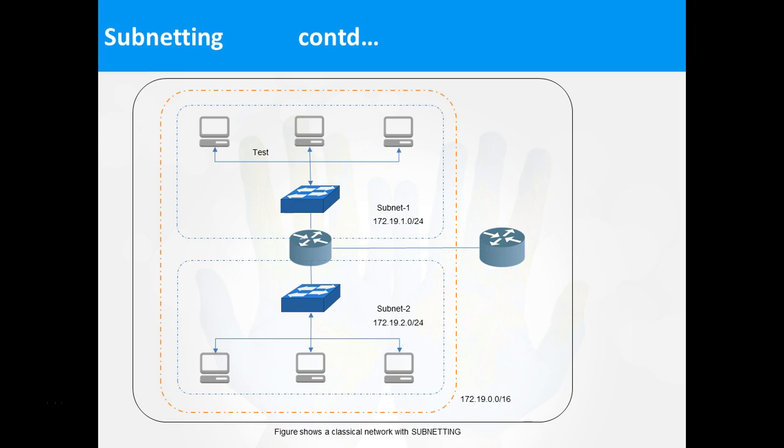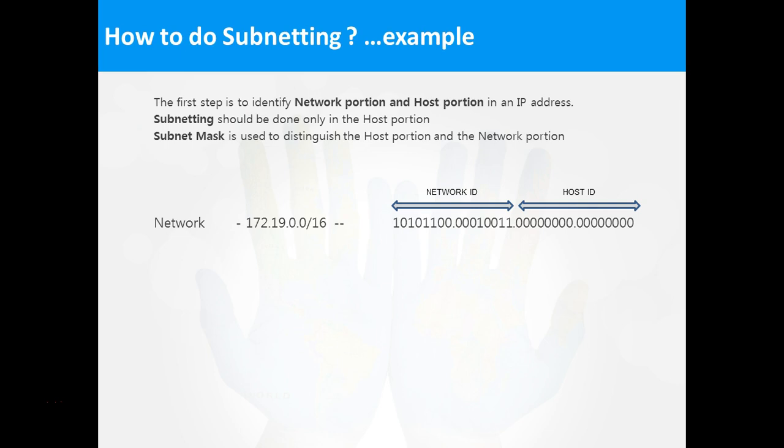Let us see how to do subnetting. First, you have to identify the network ID portion from the IP address. Usually it is identified with classes, subnet mask, or from the CIDR bits. In this example, I have used a class B IP address with a CIDR range of /16, that is 172.19.0.0/16.